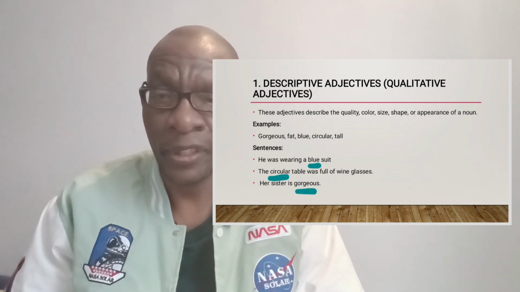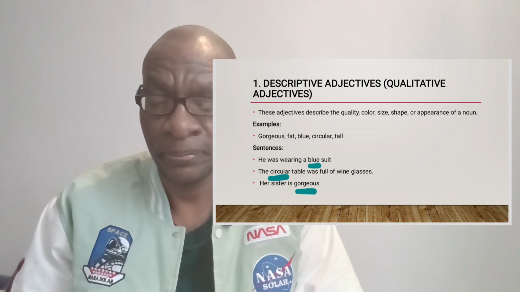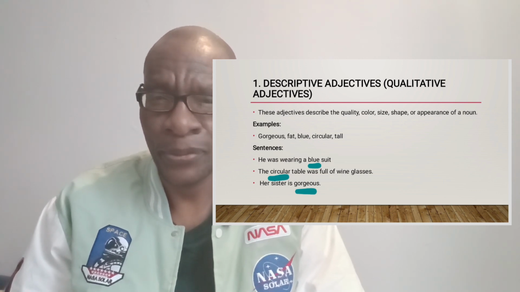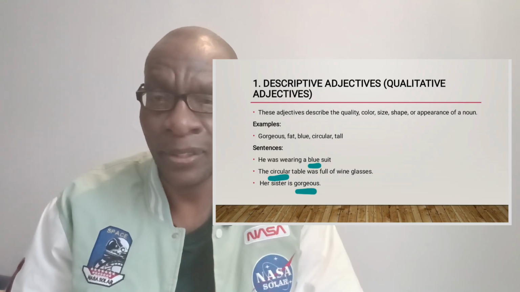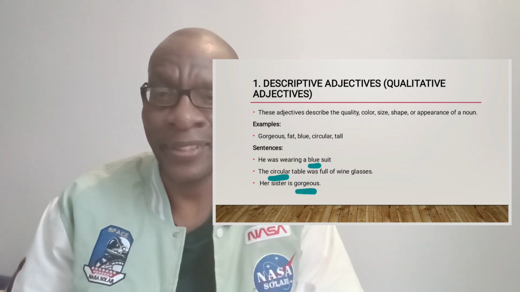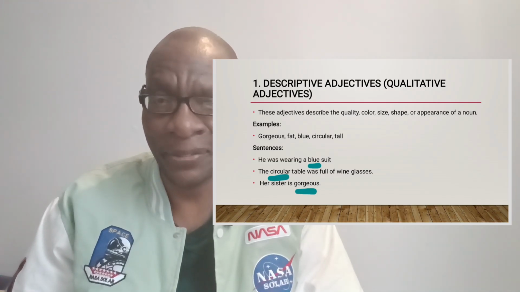He was wearing a blue suit. So blue is the descriptive color of the suit. So blue is the descriptive adjective in this particular sentence.